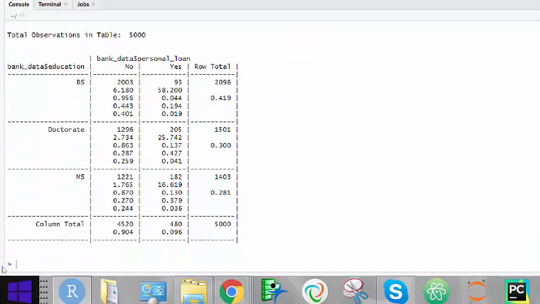What we found, I believe, is that among bachelors, only 4.4% respond to the offer. But among doctoral and MS customers, it was 13.7 and 13, close. So it's about 3 times higher compared to the BS. Therefore, education could be an important variable, right?